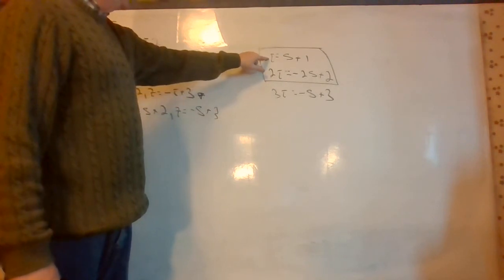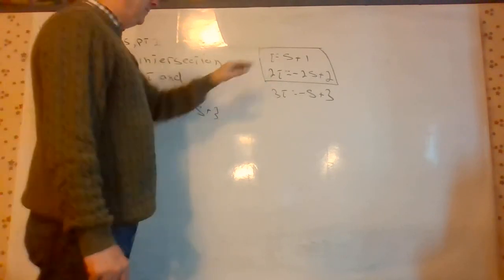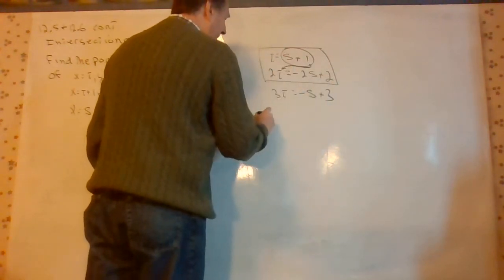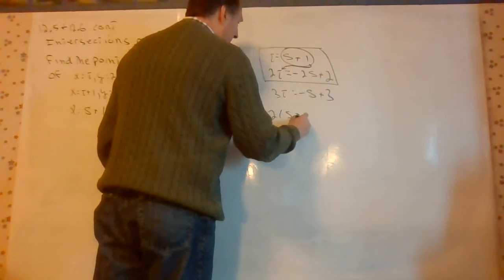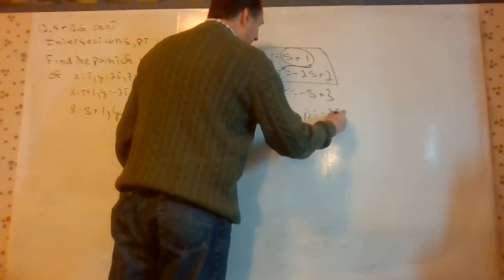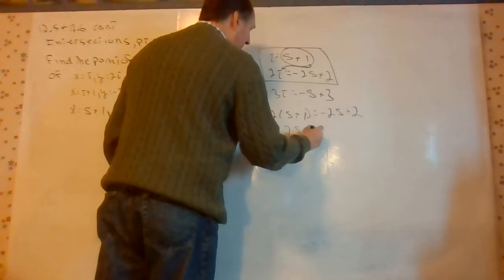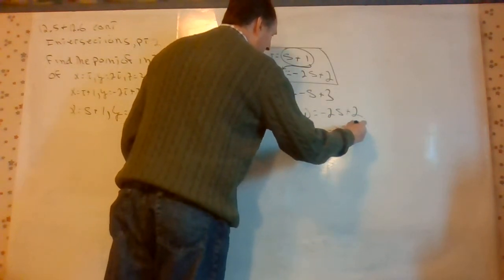For one, we have t solved for. So we can substitute in, and you get 2 times s plus 1 is negative 2s plus 2. 2s plus 2 is negative 2s plus 2.